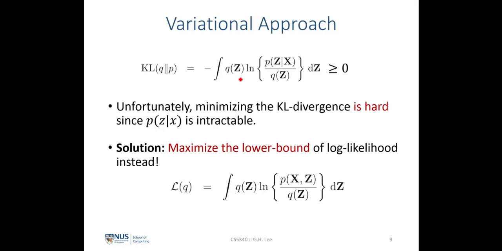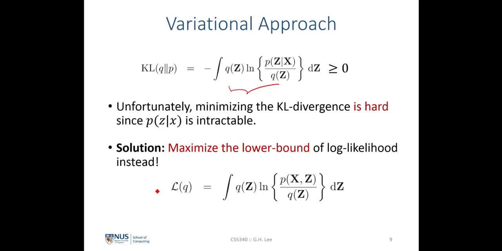This is because the posterior distribution here is intractable, so computing the whole expression here will still be intractable. So instead of minimizing the KL divergence, which we have seen in the previous slide, we will maximize the lower bound of the log likelihood instead.